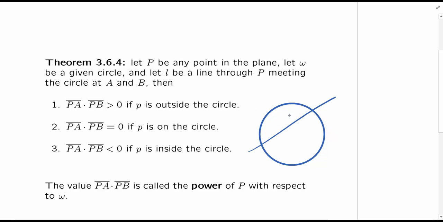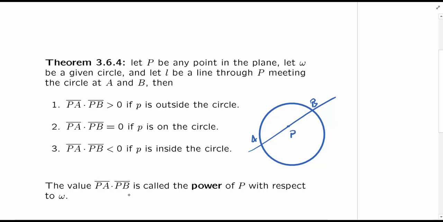If we put P somewhere in here and call these A and B, then we see that PA is going in one direction while PB is going in the other. So their product is going to be negative.